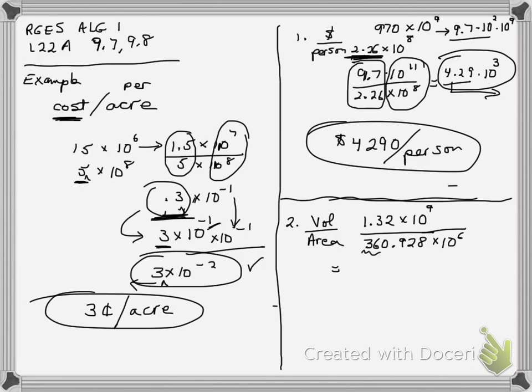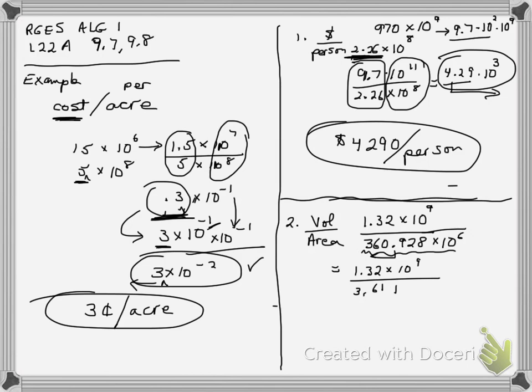Actually, first we'll go ahead and rewrite the denominator. We'll have 1.32 times 10 to the 9th over, I'm going to round it, 3.61. I'm making it a smaller number by 10 to the 2nd to go from the scientific notation.